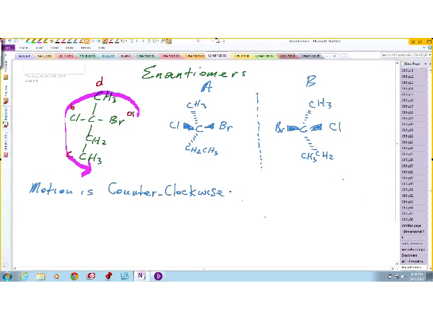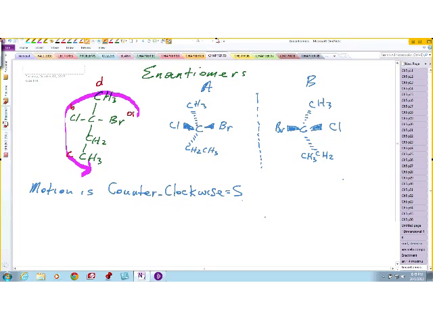If your motion is counterclockwise, then you say the absolute configuration of this carbon is S.